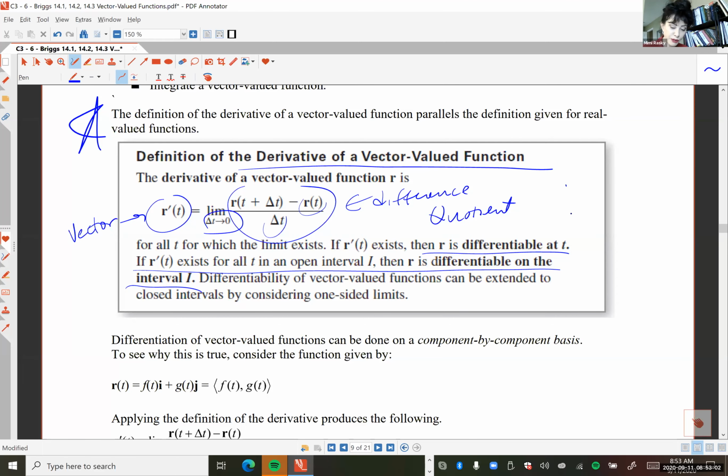Do you remember a function in Calc 1 that has a cusp like that? It's not differentiable at that point, but it is differentiable elsewhere. So there we have an undefined derivative, and that's going to be similar for us.